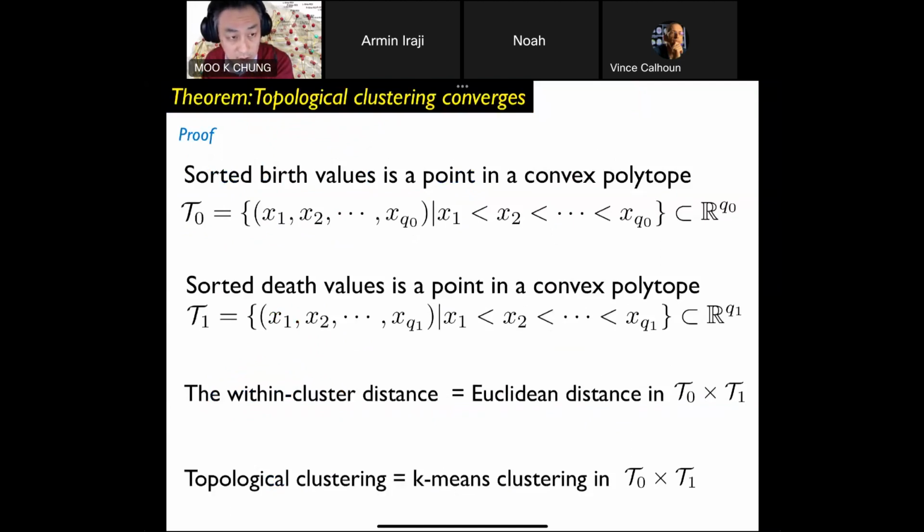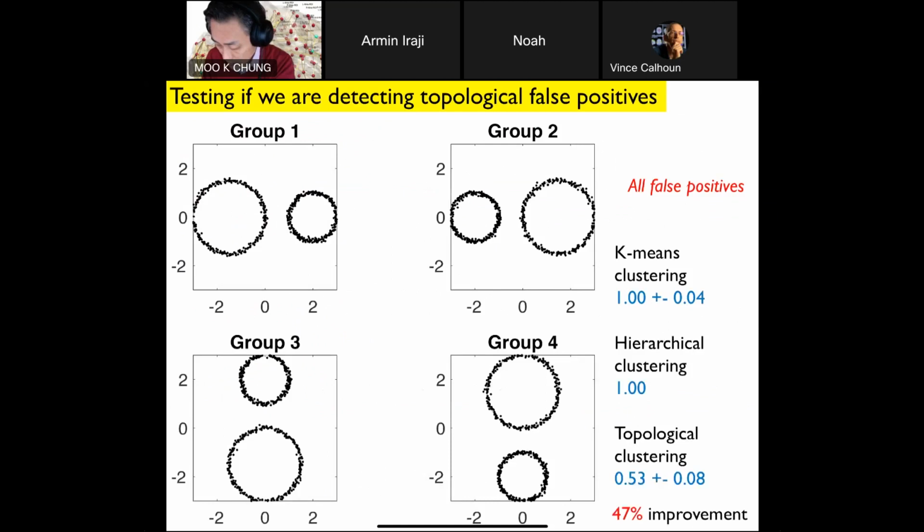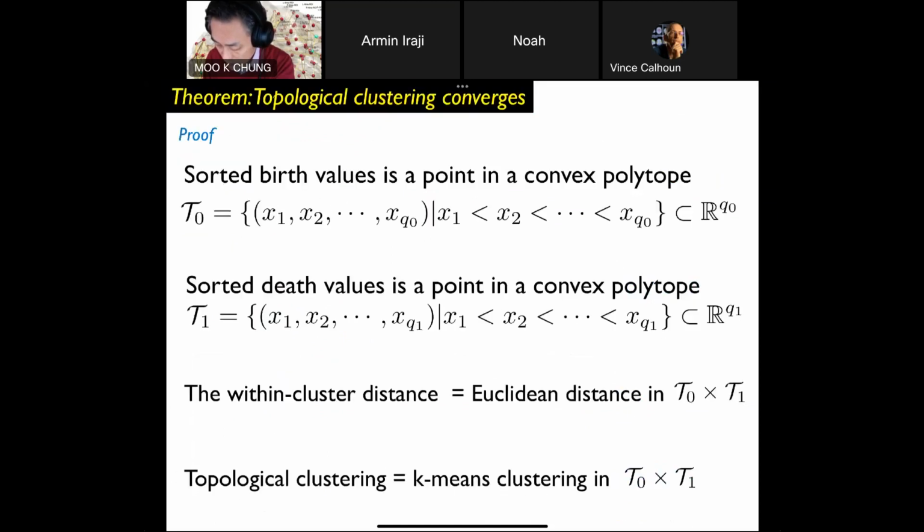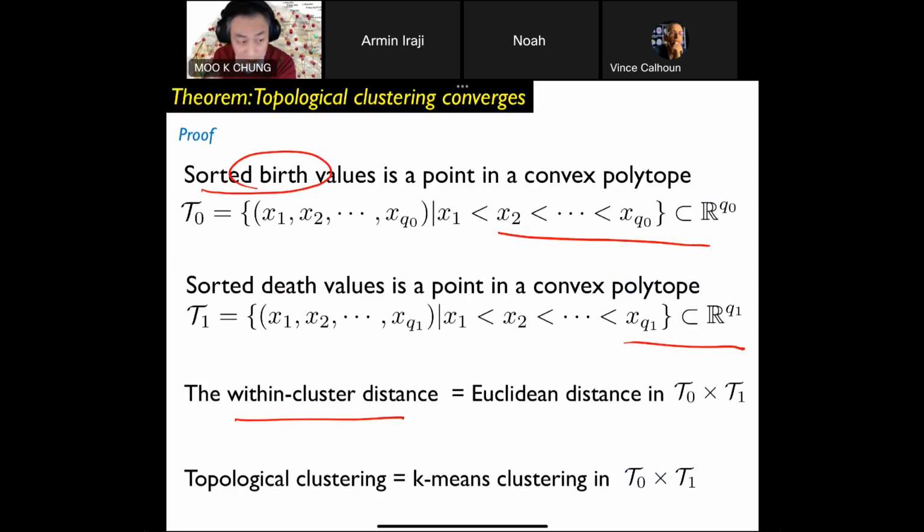How? Our topology distance, the topology clustering, will converge to a local minimum. The reason is the same as for K-means clustering. Our sorted birth values will lie in some sort of convex polytope in a high-dimensional space. Same thing, our cluster distance, this topology distance, can be written as a Euclidean distance in this space, and this is convex actually.